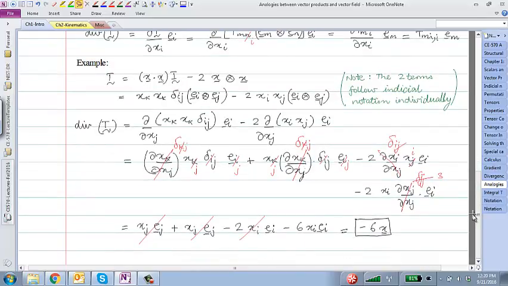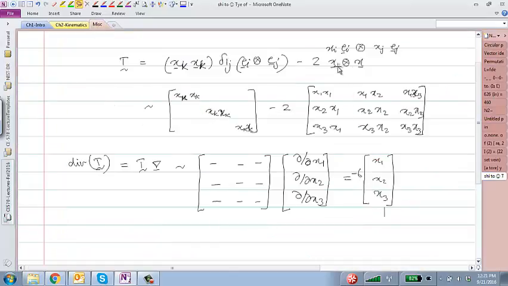Question: when it is x dyad x product, how is that in the next? Yes, x dyad x is nothing but x_i e_i dyad with x_j e_j, right? No, it's a tensor. x dyad x is a tensor, which basically I'm writing as a vector x and a vector x, and I'm taking a dyad product between them.